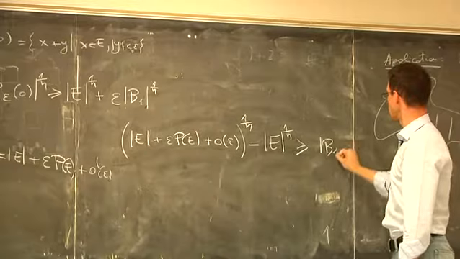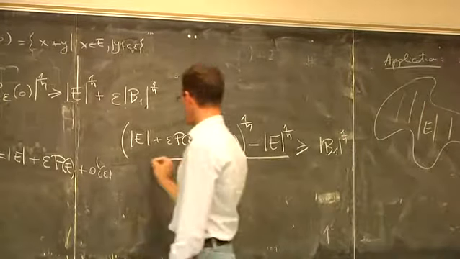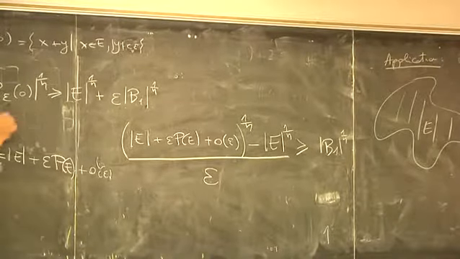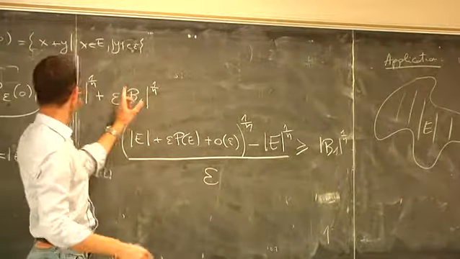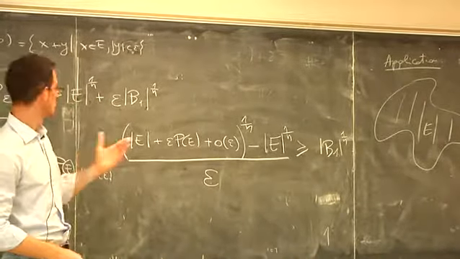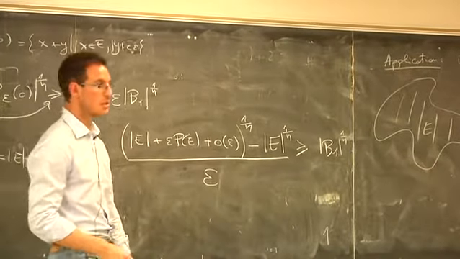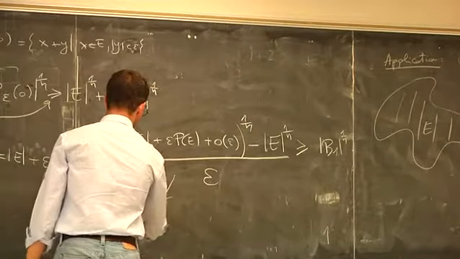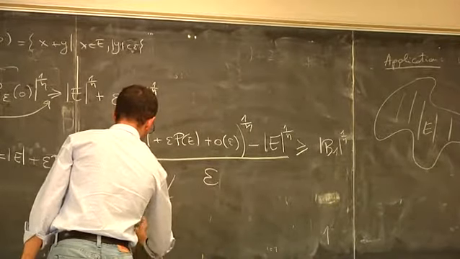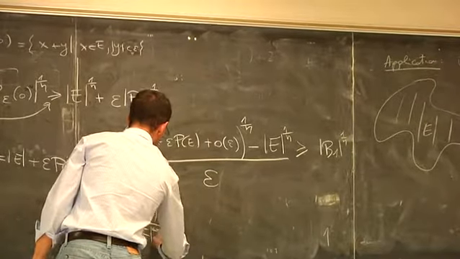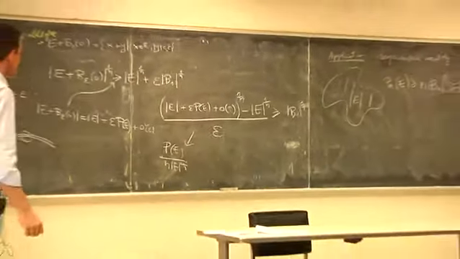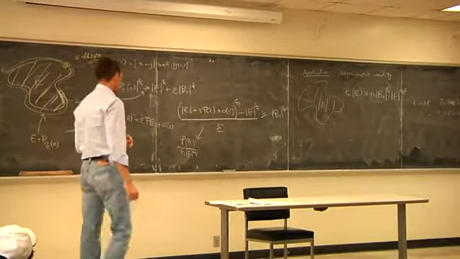So I take B1 to the 1 over n, and here I divide by epsilon. I just rewrote this inequality using this formula. And now you just take the limit as epsilon goes to 0, just a derivative, and this computation gives the perimeter of E times n times the volume of E to the (n minus 1) over n, which is exactly what you wanted. So the Brunn-Minkowski inequality gives you this isoperimetric inequality.